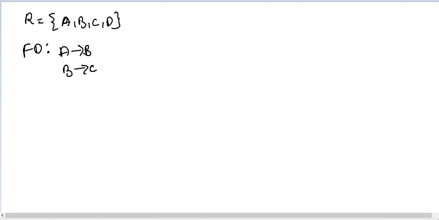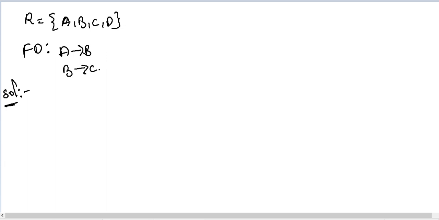For the candidate key, first we should write the relation. The relation is A, B, C, D. And the functional dependencies are A to B and B to C.